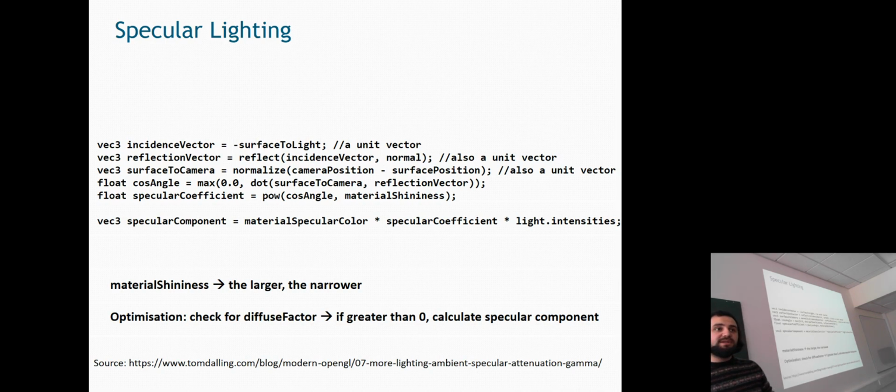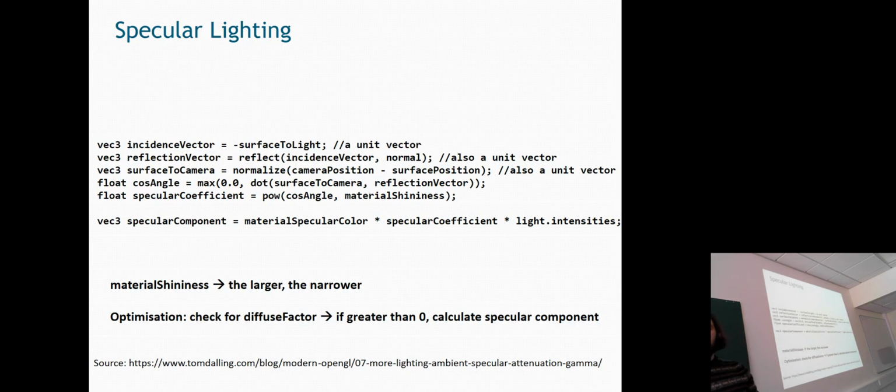This parameter depends on the material properties, how shiny or glossy the surface is. Artists can play with this parameter to have more glossy or less shiny surfaces, so it's a variable you can use to control the material and surface appearance.